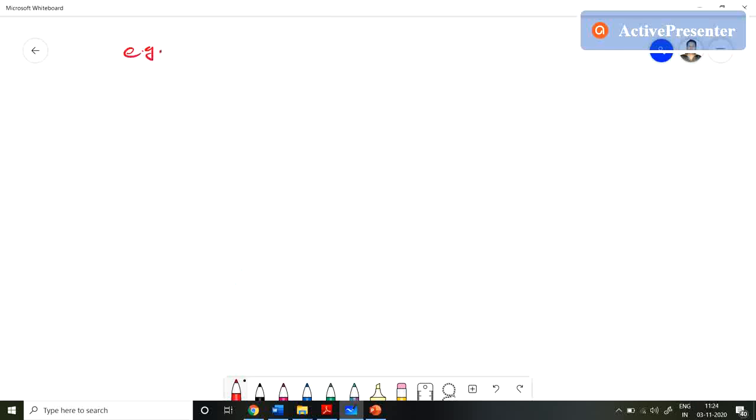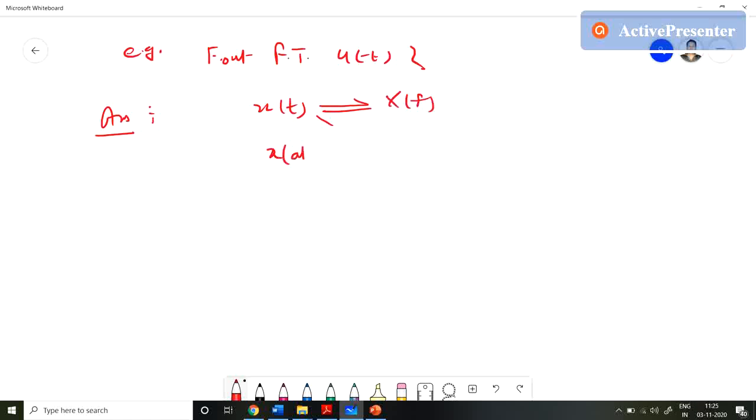Find out the Fourier transform of u(-t). So the next question is to find out the Fourier transform of u(-t). Now, if we see the dilation property, if x(t) has Fourier transform X(f), then x(at) has Fourier transform 1 divided by modulus of a times X(f/a).